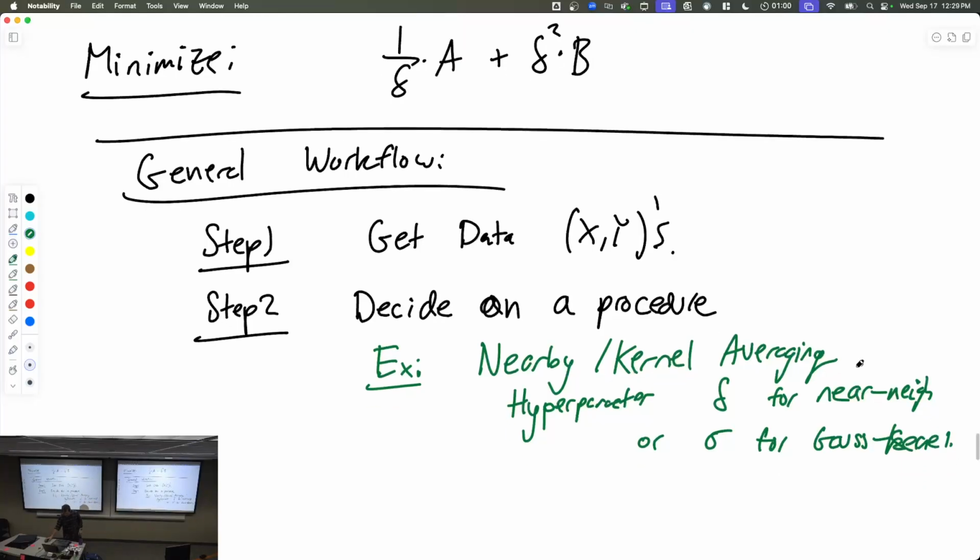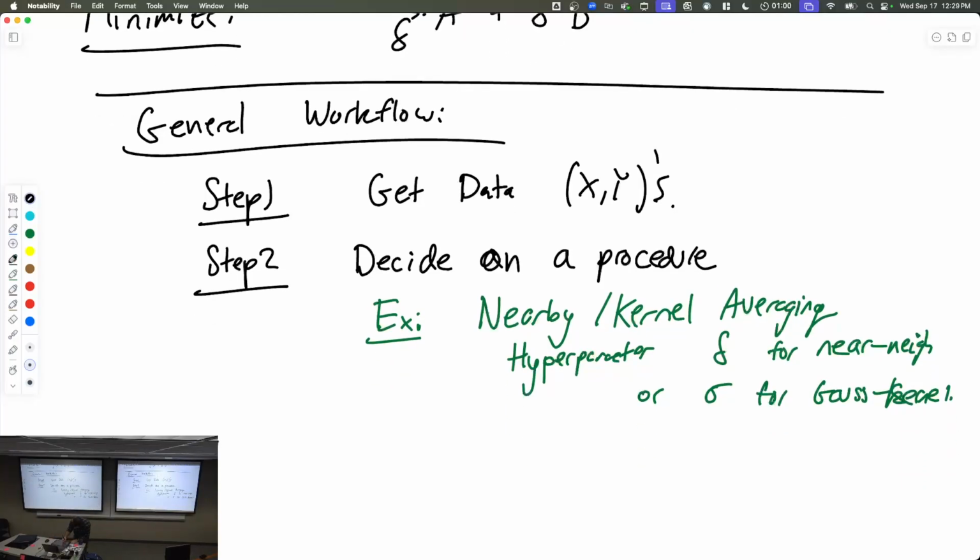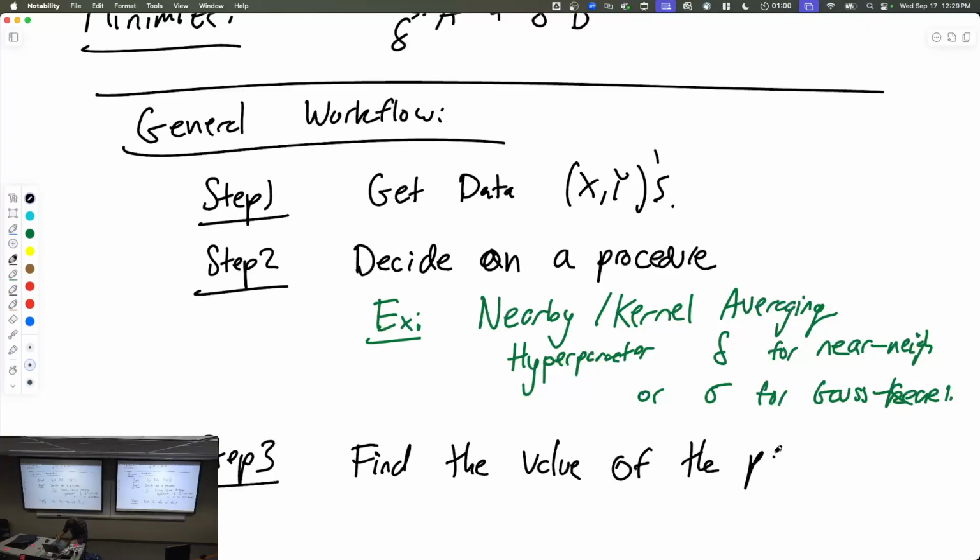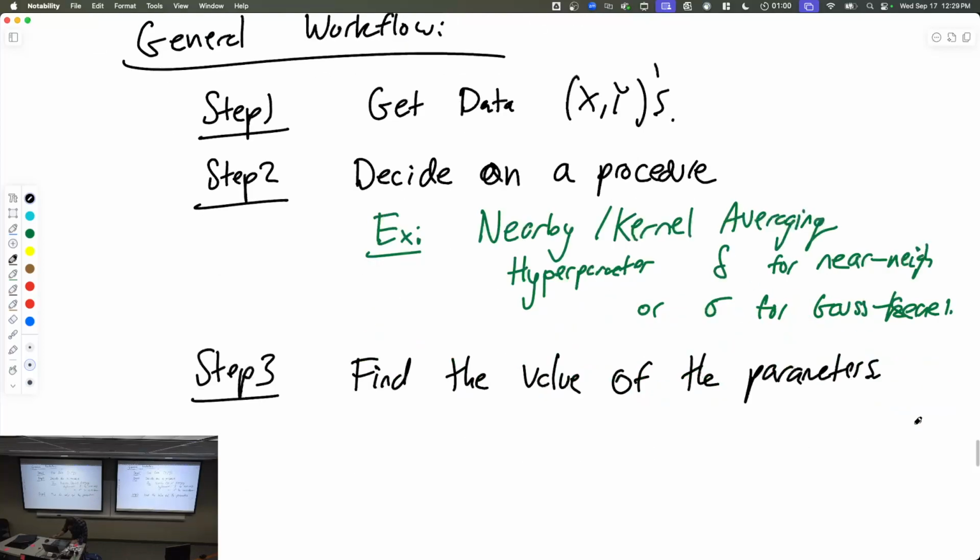And in step 3, we optimize. Find the value of the parameters, in this case delta or sigma, to minimize the error. And this is where you have to be careful.